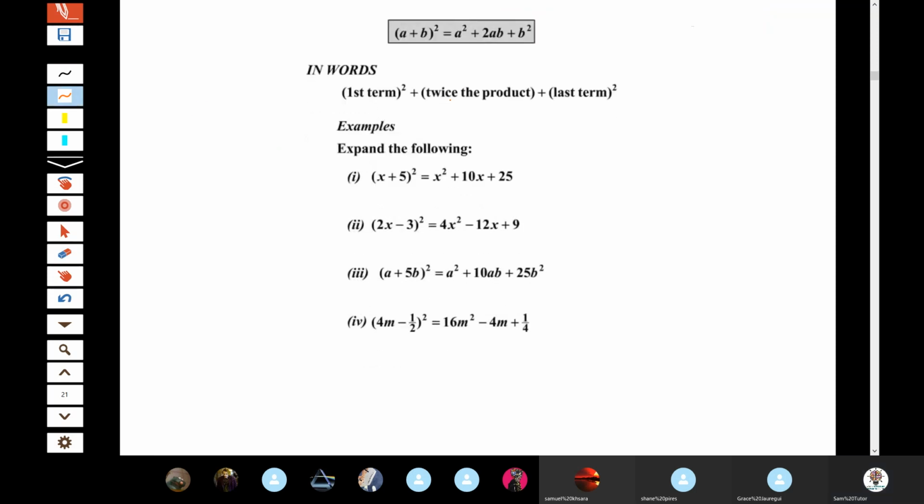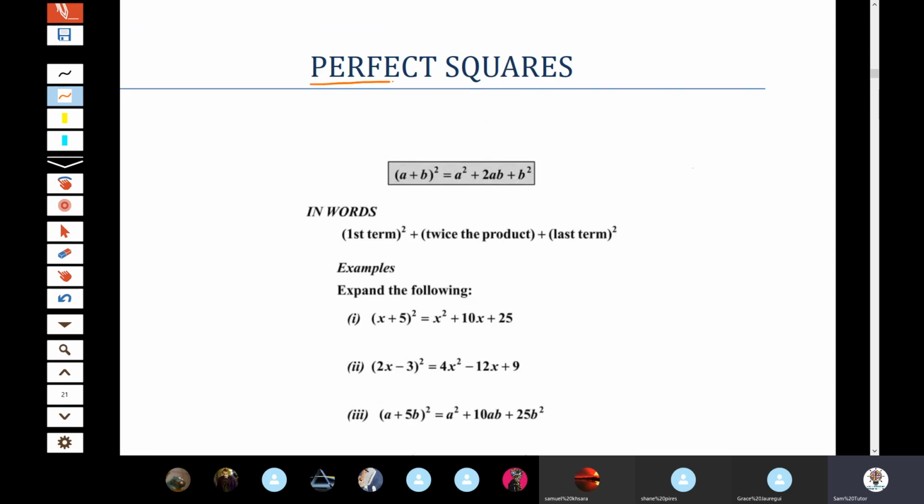Okay. There is a formula. I want you guys to write this. So write perfect squares now. And then the formula is this: a plus b all squared equals a squared plus 2ab plus b squared. It might look weird. I'll explain it in a second.